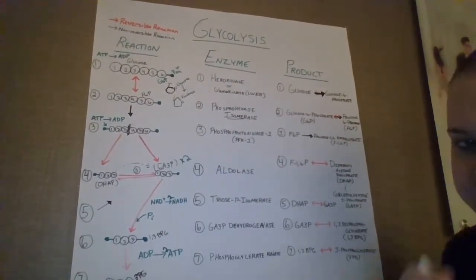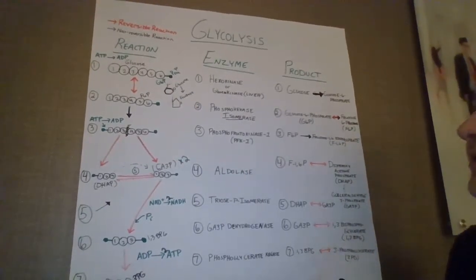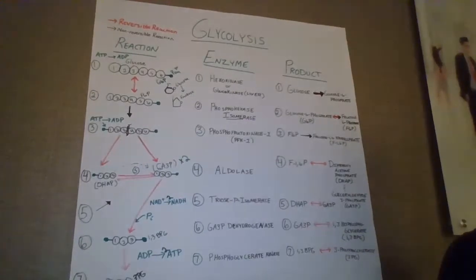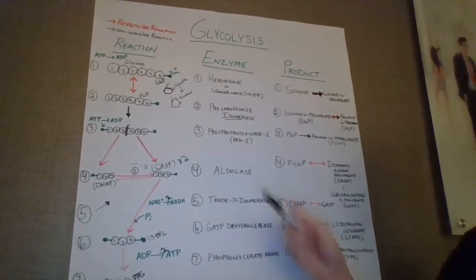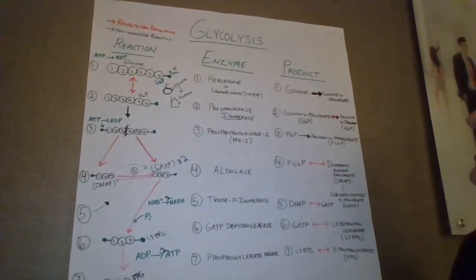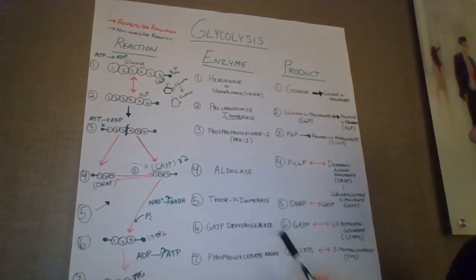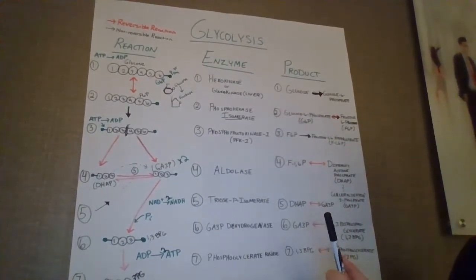gluconeogenesis later on. All right, now the following step, we have now run into another non-reversible reaction. And so this is really important. It can only go in the forward direction. The only way we can overcome this is to actually find loopholes or do other different chemical processes, which again, I'll go over on gluconeogenesis in my next video.